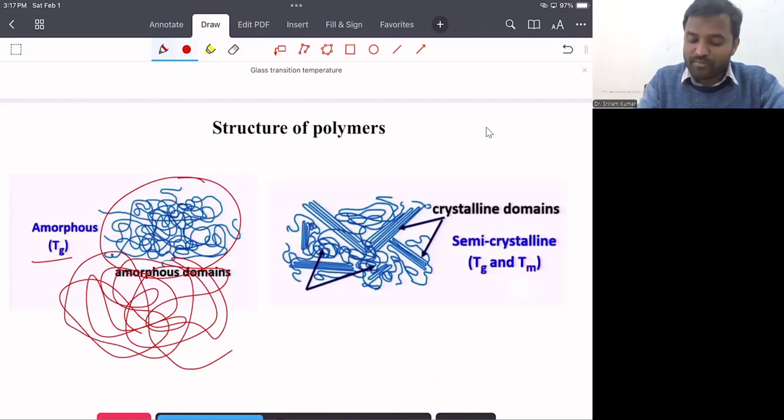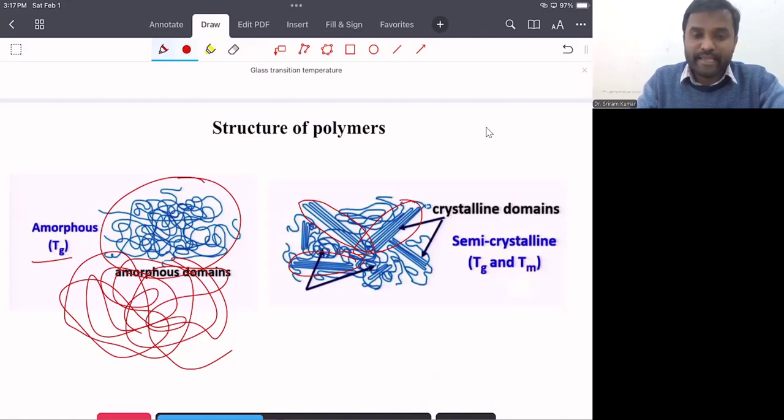Because of the non-fixed position of the chain, it has distinct properties as compared to the crystalline polymer. If you have the crystalline polymer, then you have this kind of ordered structure, and that kind of polymer is called the crystalline polymer.